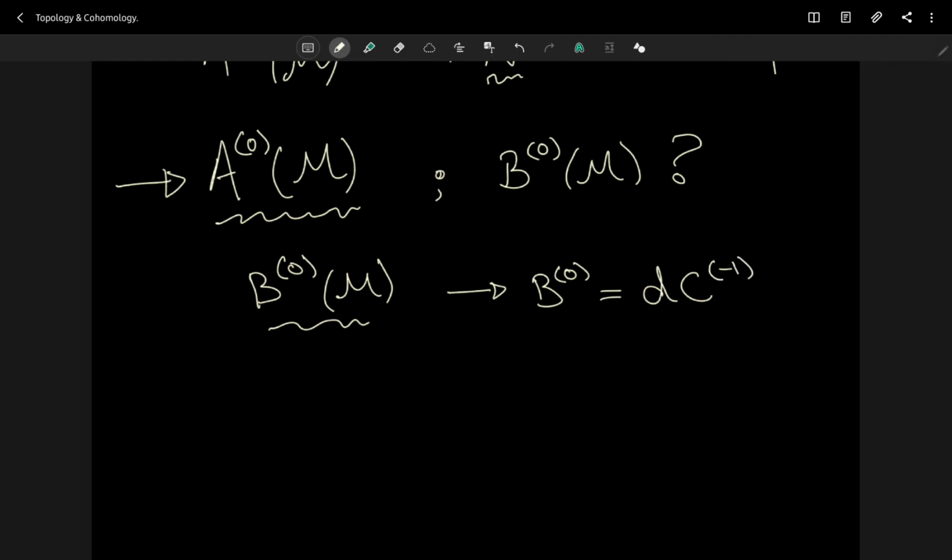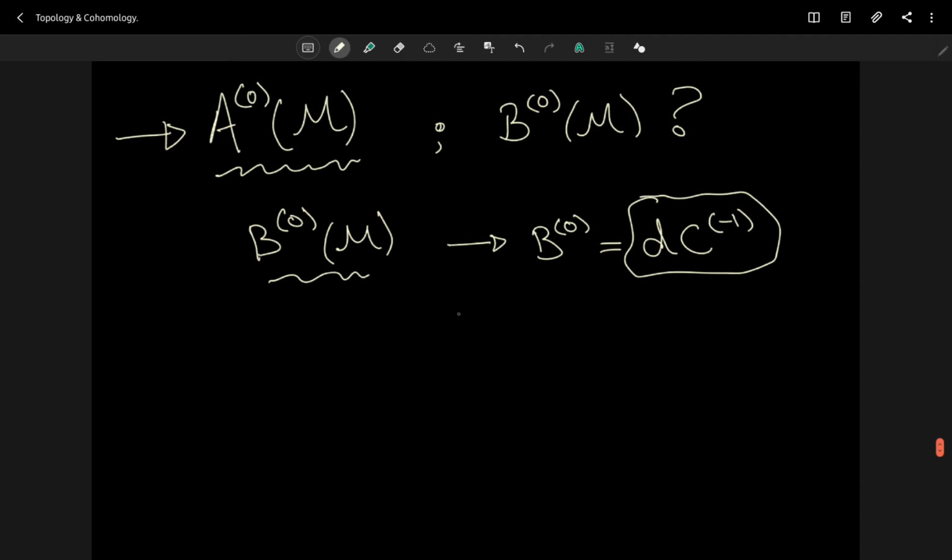But we know that this is not possible. It's impossible, and what that implies is that B0 is an empty set, because this cannot happen.